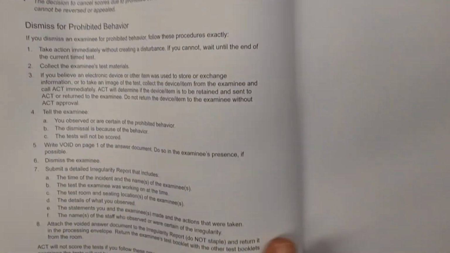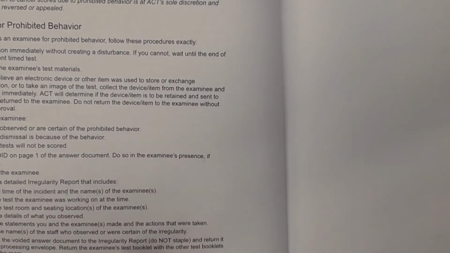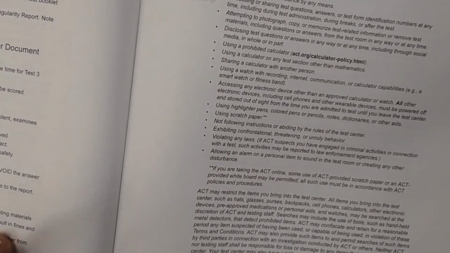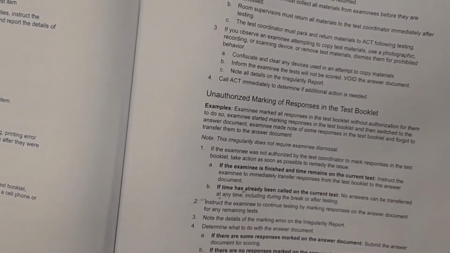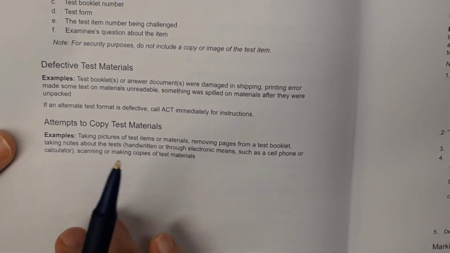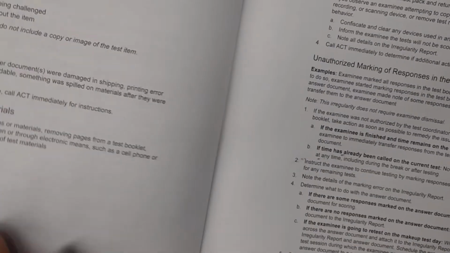So all this is on this part here, dismiss for prohibited behavior, and there was a discussion on what to do with the voided answer documents. Okay, now what I want to do now very quickly is go to this part here. So in both the accommodations and the standard time, I want you to locate the part.